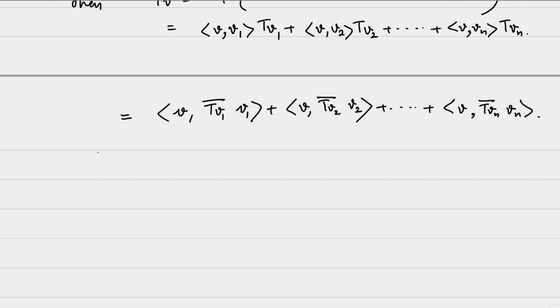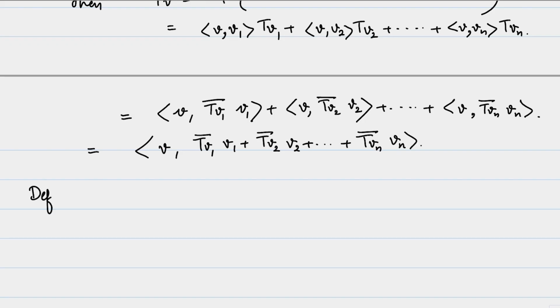Now, by the properties of the inner product, this is just the inner product of V with TV1 bar V1 plus TV2 bar V2 plus up to TVn bar Vn. So let's define W to be this vector.